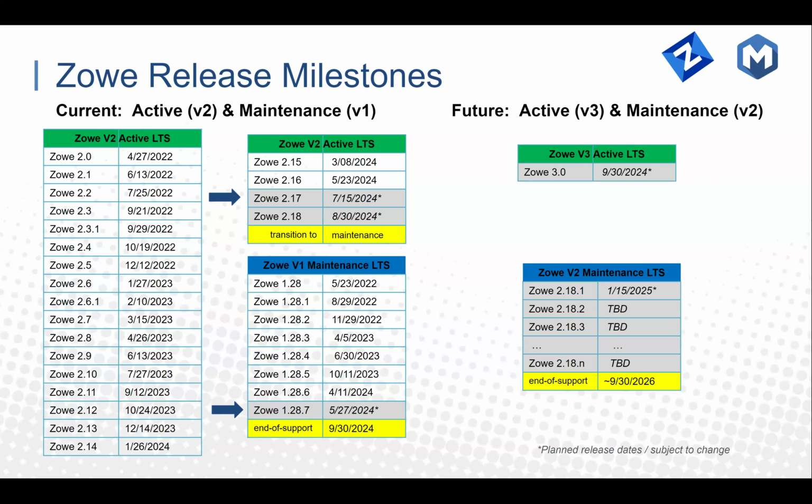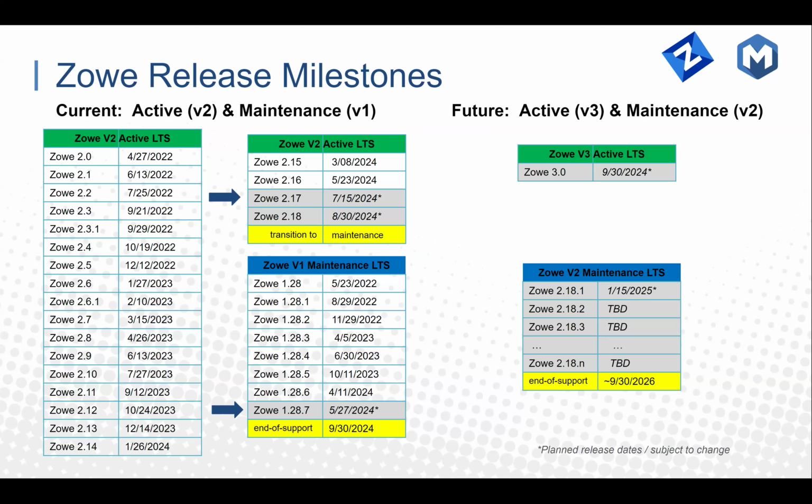Okay, again, back to the left, the version 1 releases continue. We have maintenance and vulnerability patches that have been ongoing since May of 2022. Those will terminate at the end of September, as we've reiterated. And then jumping over to the right, V3 will be introduced.